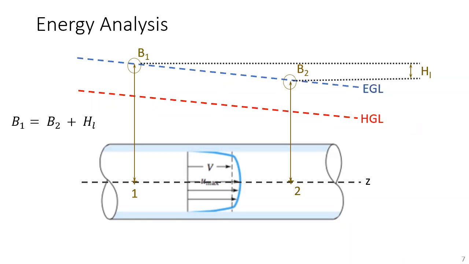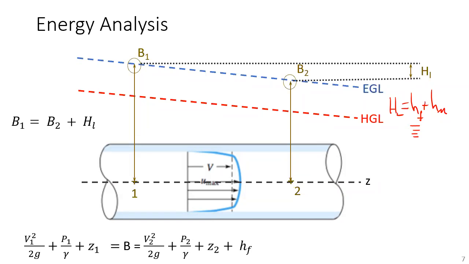Head loss can be friction or minor losses. We've discussed this before. Minor losses are transitions like entrances, exits, tees, wye fittings, valves, gates, etc. We're going to be talking about those next. So right now we're focusing just on friction loss and the Darcy-Weisbach equation describing that friction loss.